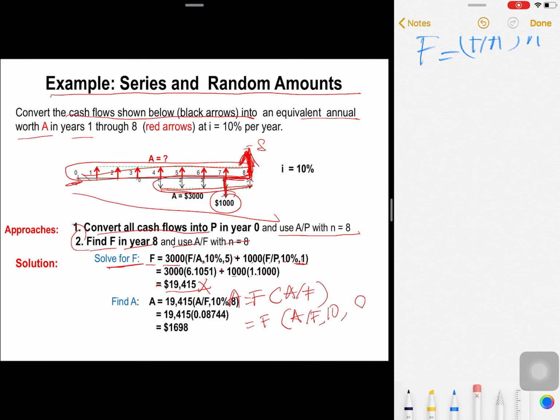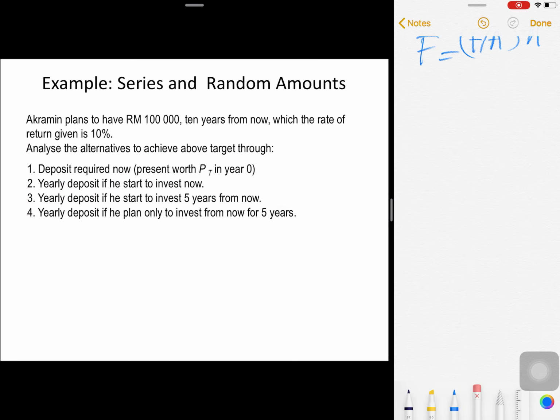For your new A will be 8 years. And therefore you get 1,698. Now you can see that the values reduce as we drag the timeline.